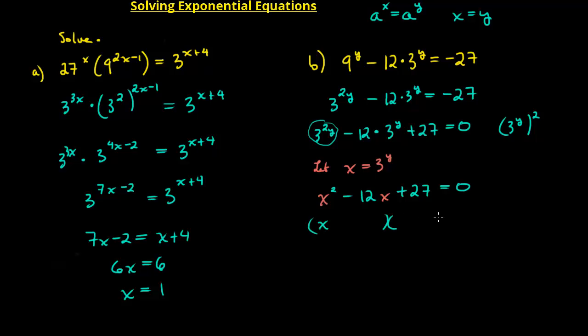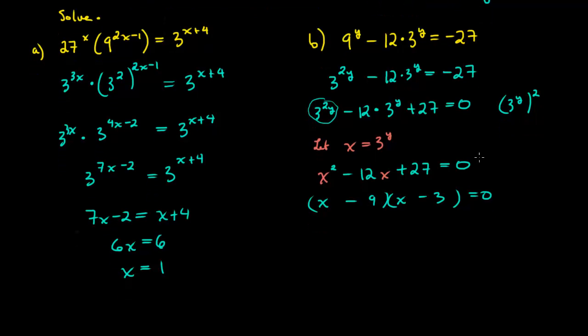This is a type 1 trinomial, so I can factor it by asking what two numbers multiply to 27 and add to negative 12, and the answer is minus 3 and minus 9. So I've got two solutions for x. I have that x is equal to positive 9, and x could be equal to positive 3.